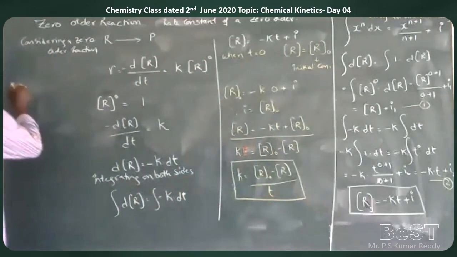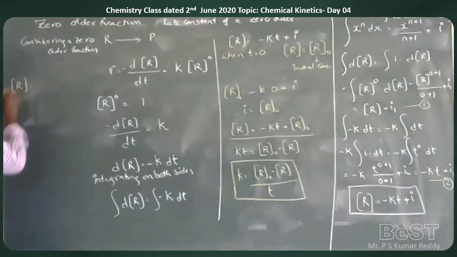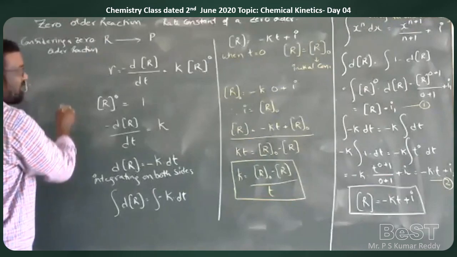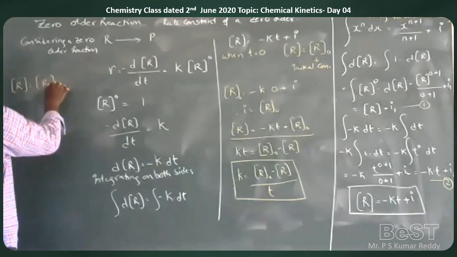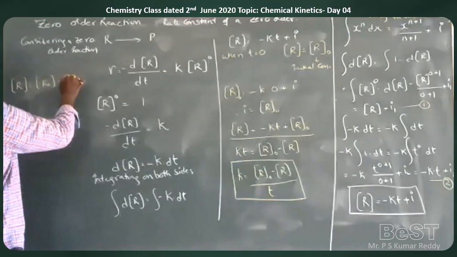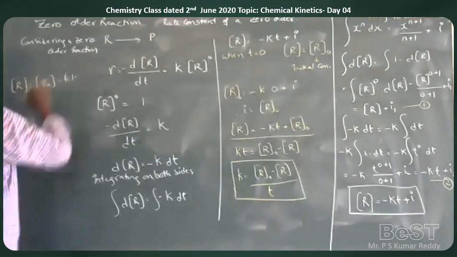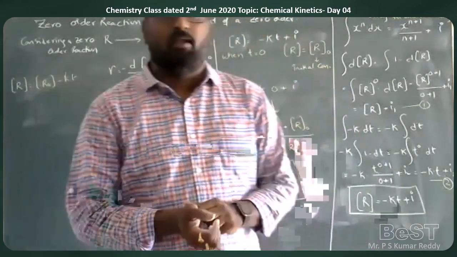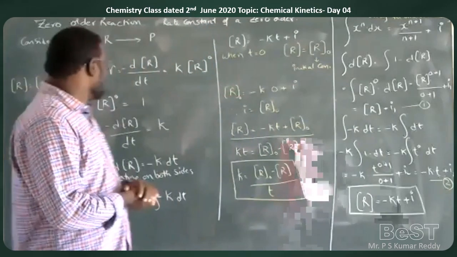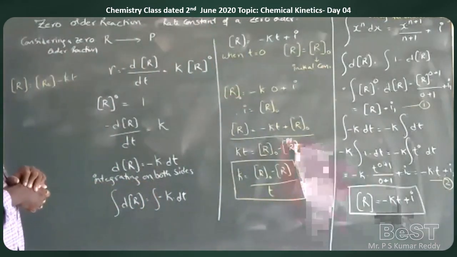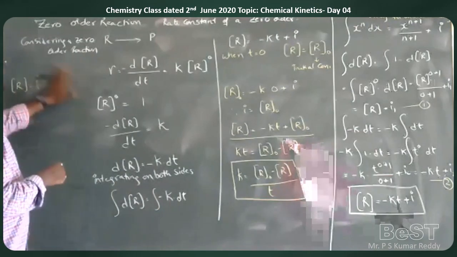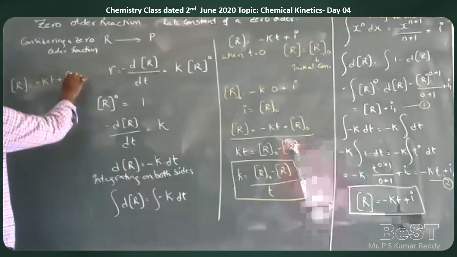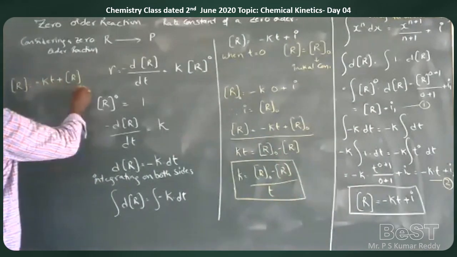What is that equation? r is equal to minus Kt plus R naught, or r is equal to R naught minus Kt.